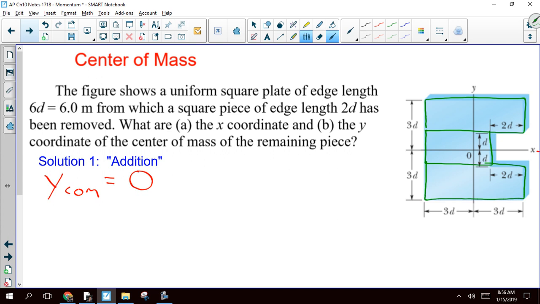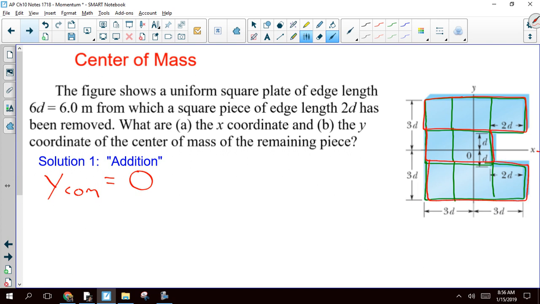And since it's uniform, I'm looking at it and thinking, this top chunk is 3 squares, the middle chunk is 2 squares, and the bottom chunk is 3 squares.